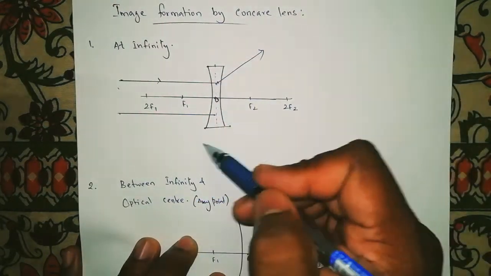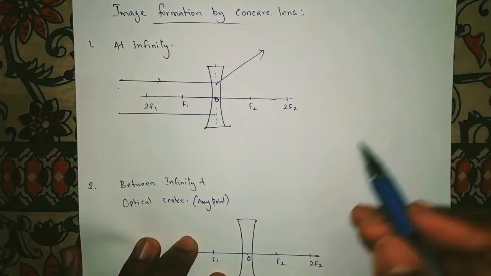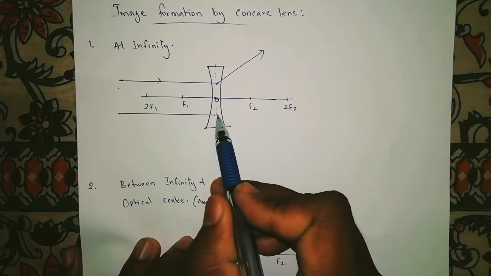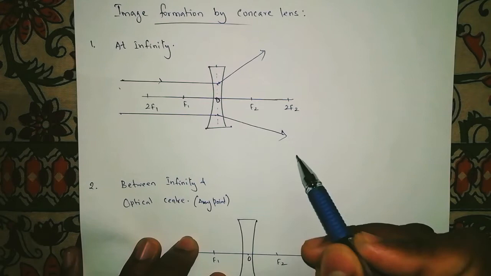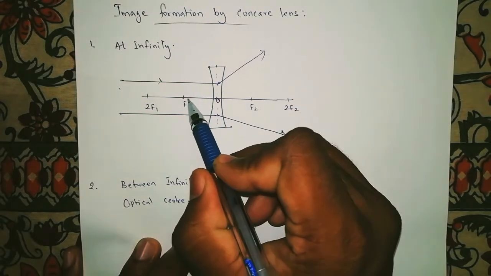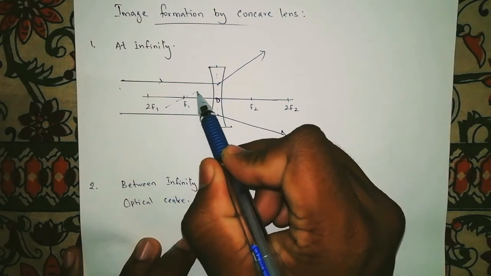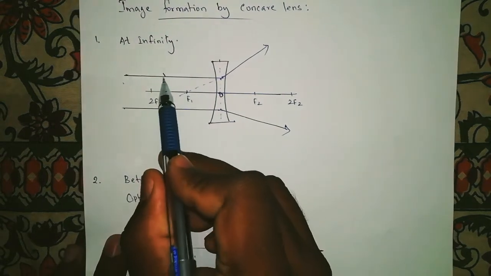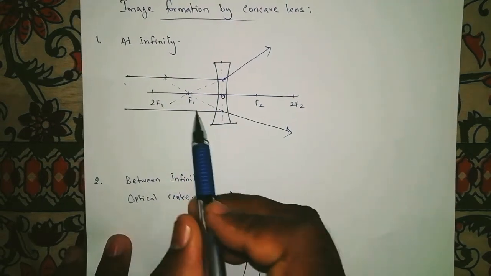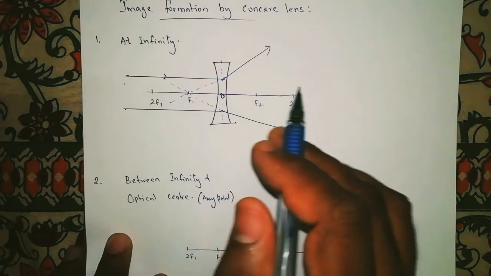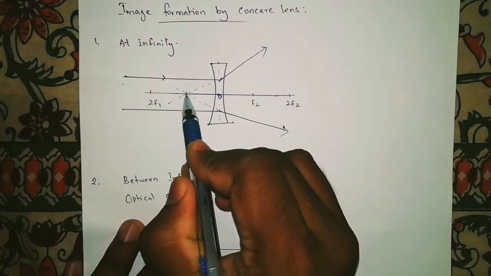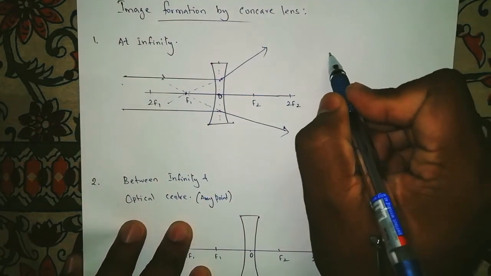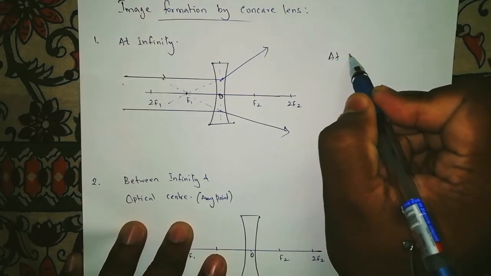You know that this lens is a diverging lens, so it diverges, and goes like this. But when we extrapolate these two rays to the other side, it joins the focus on the other side, so it comes here. So I can say that the position of the image is at F1.